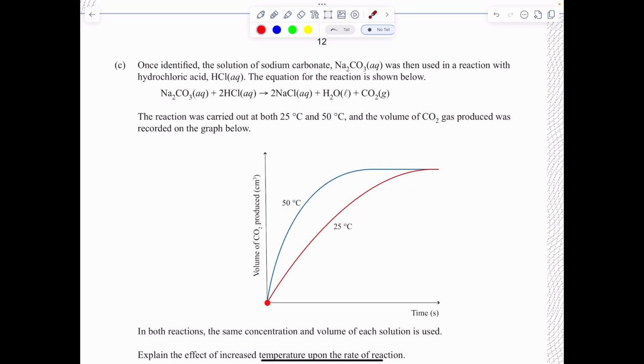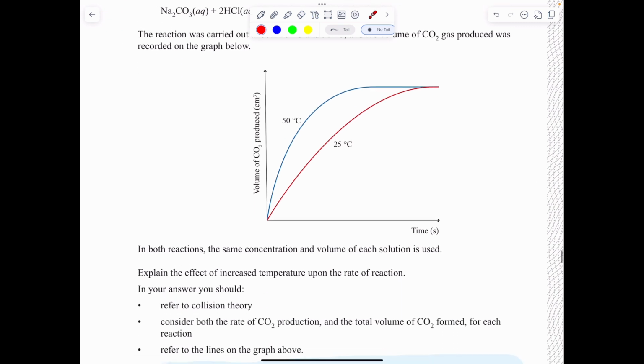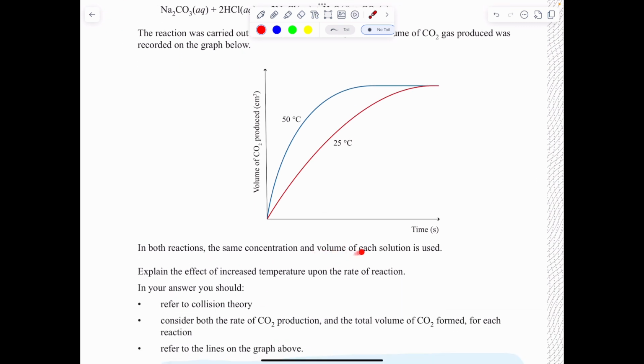So what does this mean? What does a steeper line indicate? A fast rate of reaction, okay? So that's the initial observation that you should make. Okay, then we have to discuss that. So in both reactions, the same concentration and volume of each solution is used.